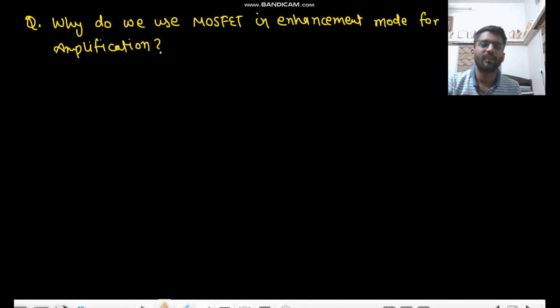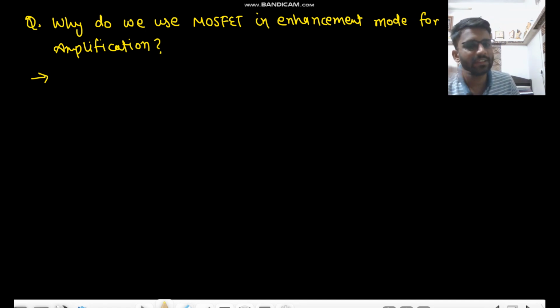Now, why do we use MOSFET in enhancement mode for amplification? That we have already seen. I have already answered this question many times. Why don't we use the depletion one? That I have already answered. You can check the video, because there the output is not depending on the input.